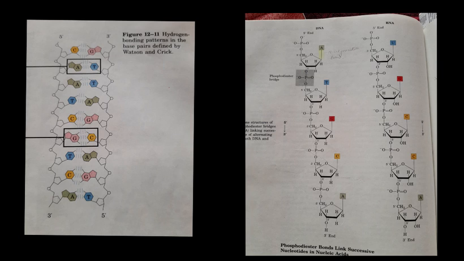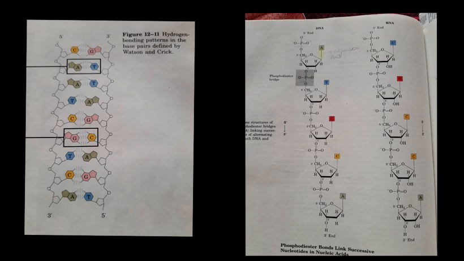However, the N-glycosidic bond that is formed between the 1' carbon of the pentose and the nitrogen base, in case of nitrogen 1 position of pyrimidines and nitrogen 9 position of purines, I told you.